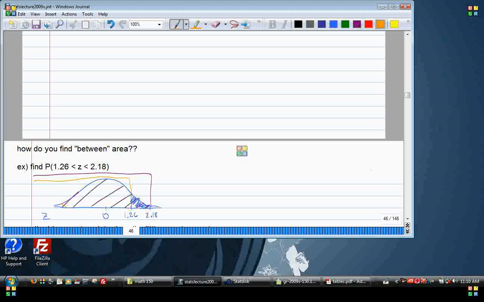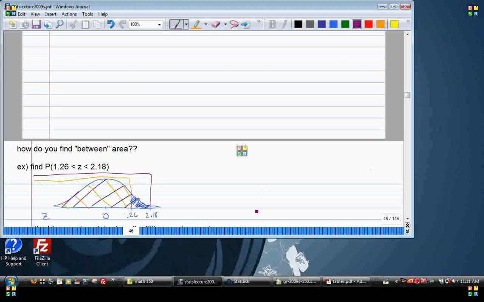And then we can find the orange area, which is this. And if you take the purple area and you take away the orange area, what's left? The between area that we're trying to find. Okay. So now we have to find each of those areas.